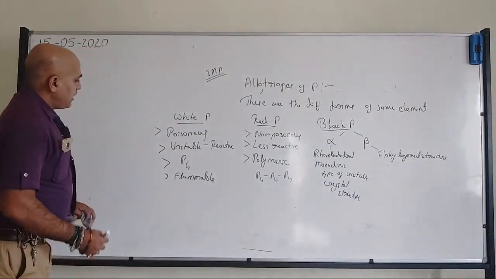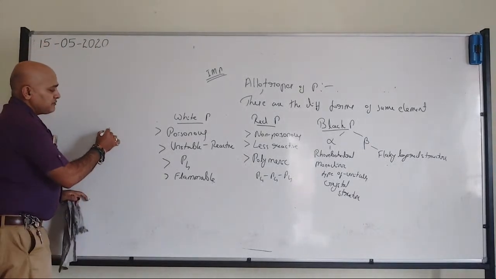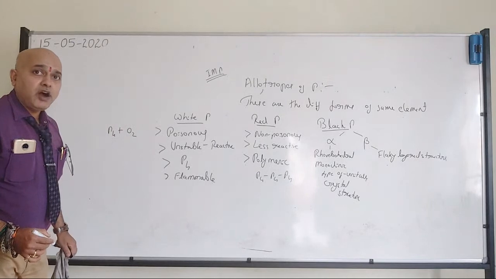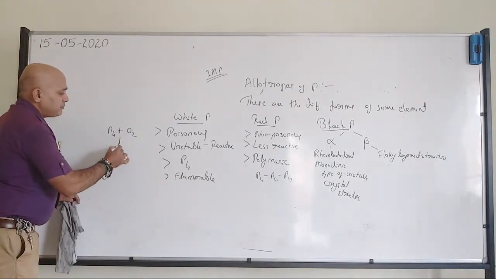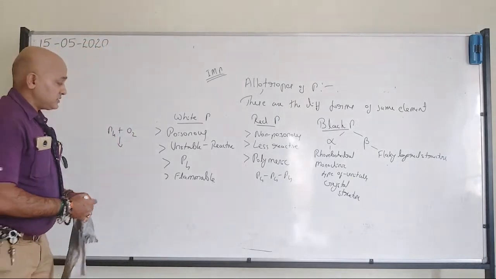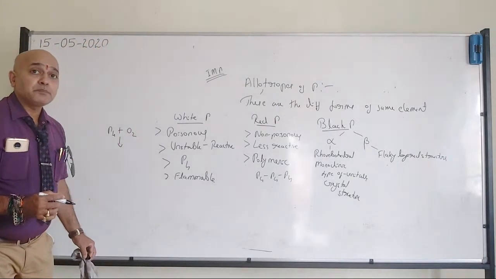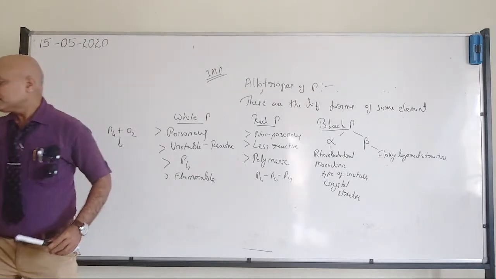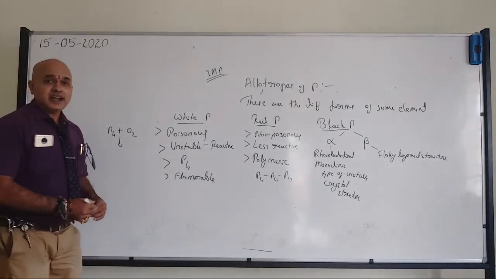Okay. So now what will happen here is we have the white phosphorus. When it is treated with oxygen, it will liberate dense white fumes of phosphorus pentoxide.